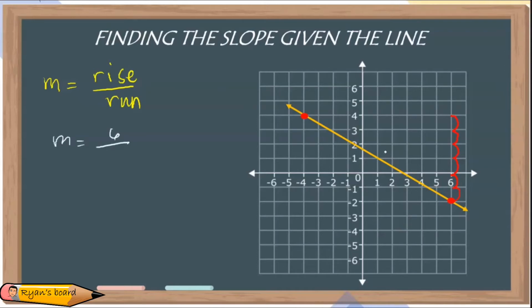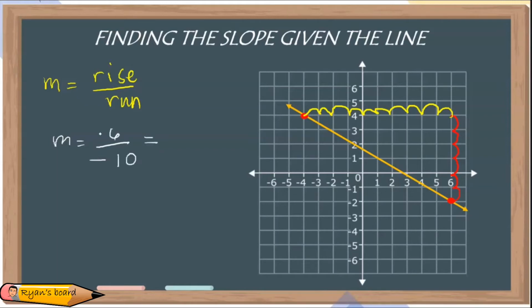Okay, now, since we are going to the left, kapag going to the left yung kanyang run, you write negative. Okay? So, let's count. 1, 2, 3, 4, 5, 6, 7, 8, 9, 10. That's 10 units. So, that's negative 10.